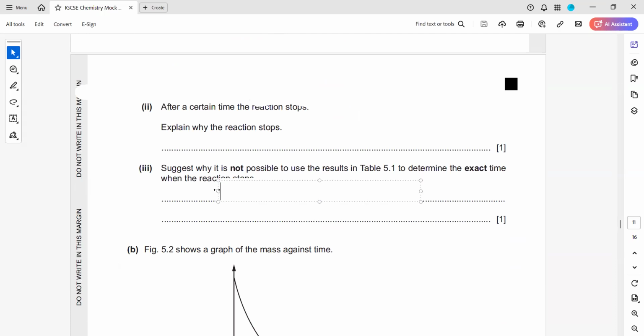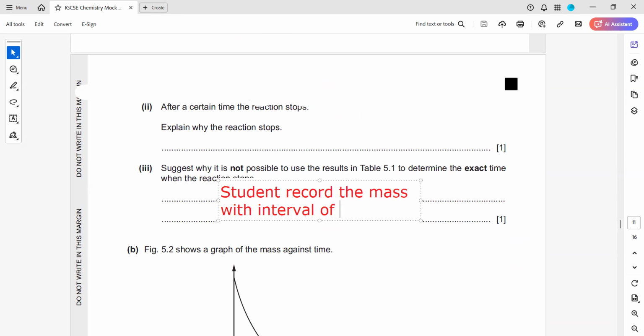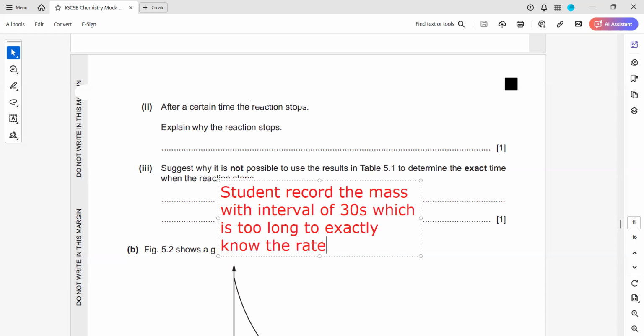So the answer here: the student recorded the mass with an interval of 30 seconds, which is too long to exactly know the rate or the change in mass.